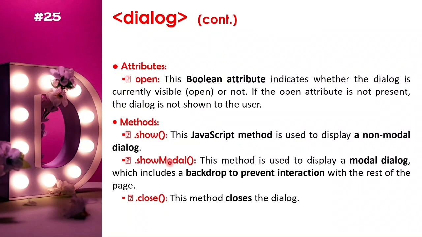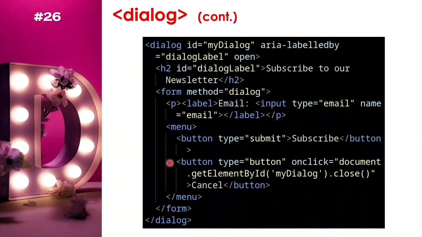That's how we can use this. Basically, it needs JavaScript to be used to its full potential. So whenever that link or button is clicked, on click, do this. You can write a function, get hold of this dialog and then show it, .show or .showModal, like that.